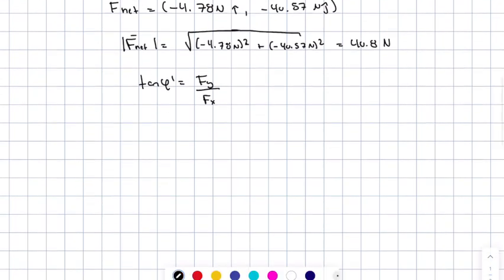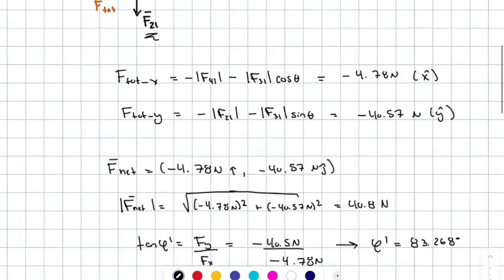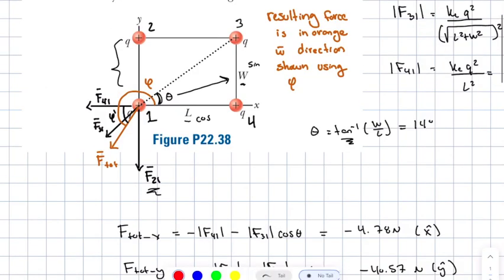So I plug in my numbers and I get negative 40.5 newtons divided by negative 4.78 newtons, and that will give me phi prime equal to 83.268 degrees. So my angle here is equal to 83.268.